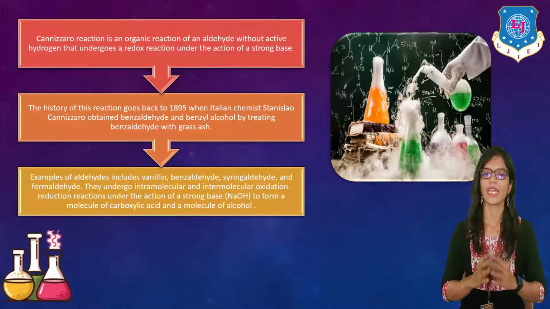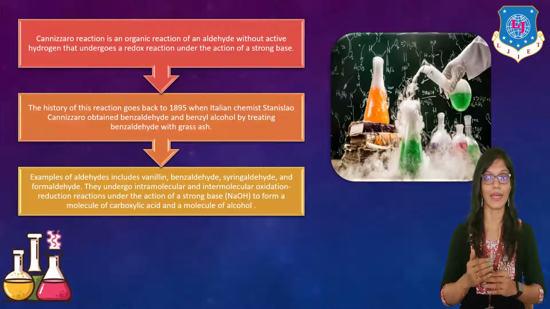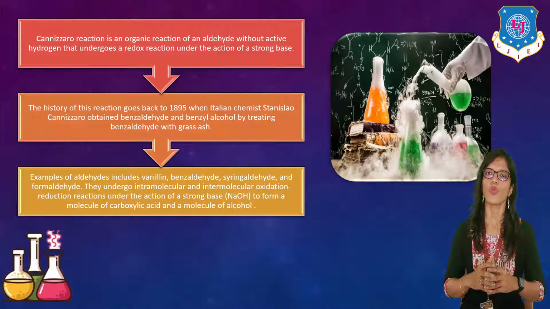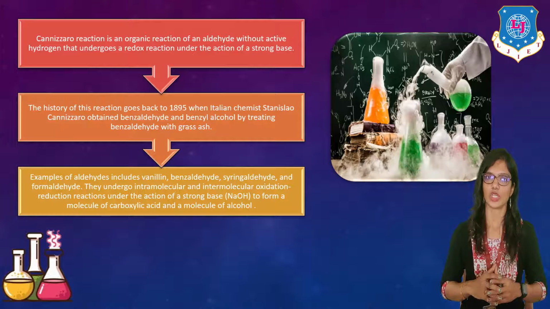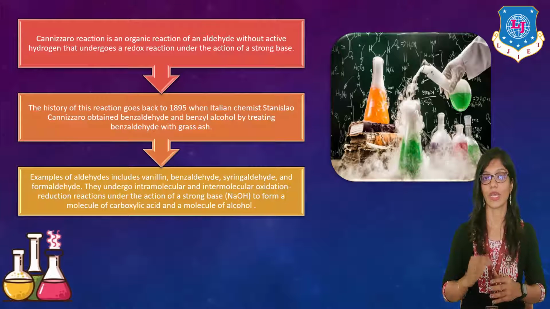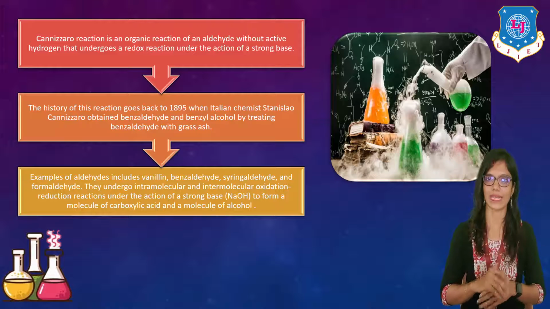So here he obtained benzene containing an aldehyde group and benzene containing an alcohol group on it, which becomes benzyl alcohol. He used grass ash and reacted it with benzaldehyde.